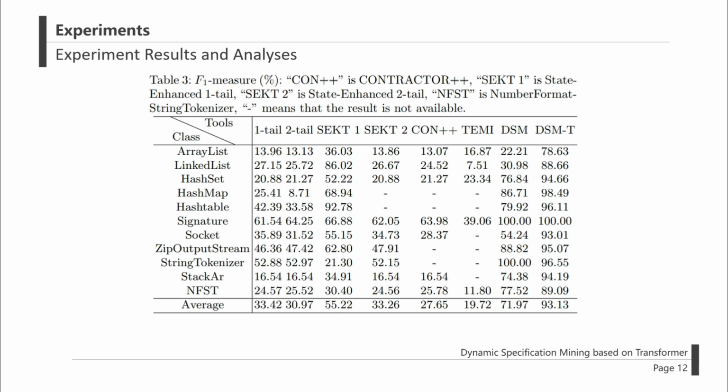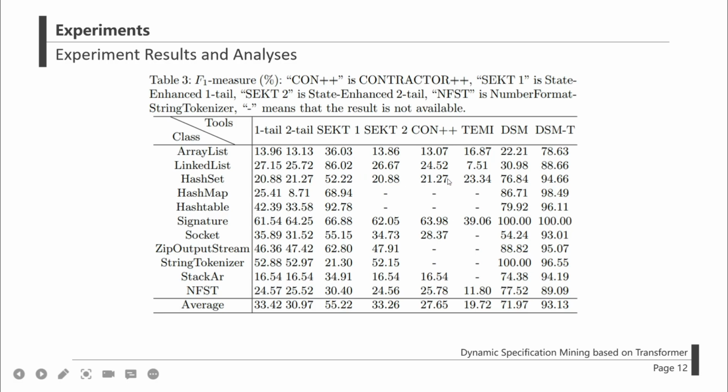The results of the experiments are shown in the table, showing the alpha measure of the final FSA generated by each tool. The results show that for all library classes, 1TIL, 2TIL, ICKT1, DSM, and DSMT can output the final FSA.